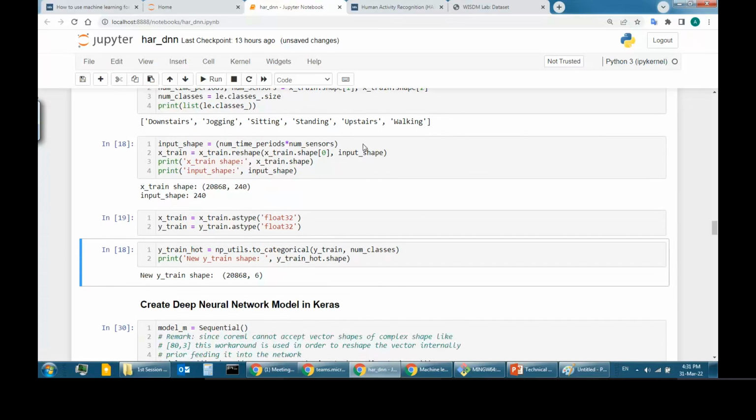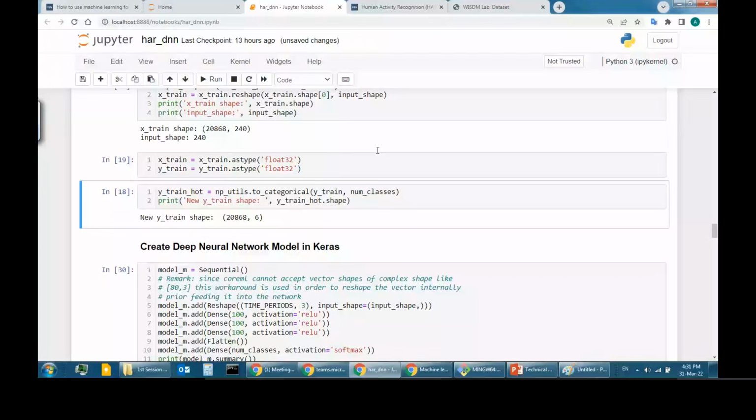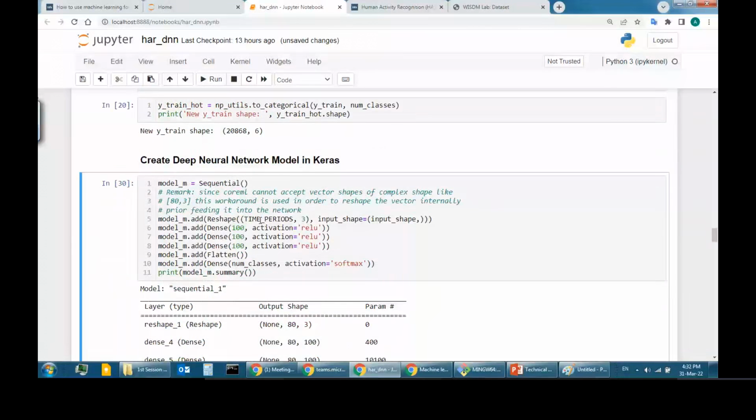So here we build the network. You see, these are the layers. First layer, the input layer, will be time periods 80 multiplied by 3, which is 240. And then we build the next layers, dense layers of 100 nodes, with 3 more hidden layers, 100 nodes each. Then the last one is flattened.